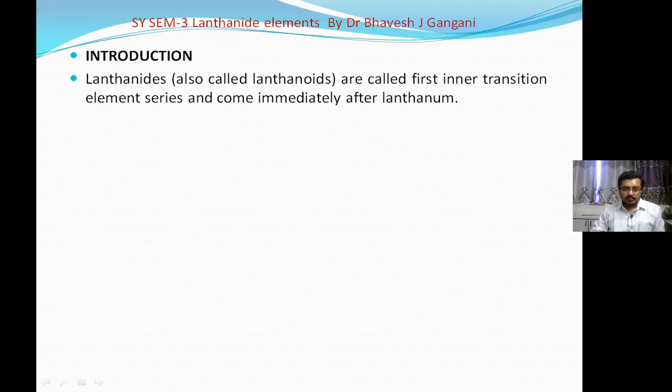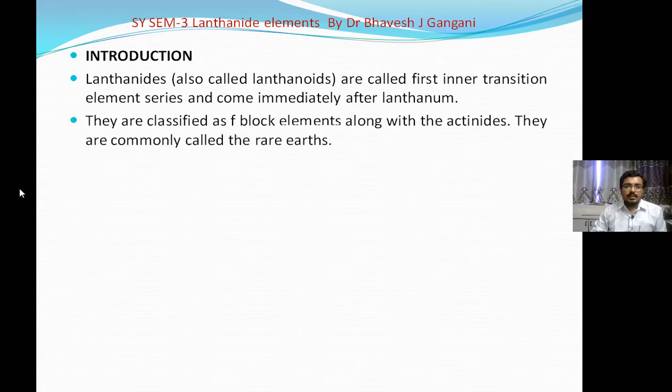Now, when we take this periodic table, we can say if the last electron is filled in an s orbital, then it is known as an S block element. In the electronic configuration of an element, if the last electron is filled in a p orbital, then it is a p block element. If it is filled in a d orbital, then it is known as a d block element.